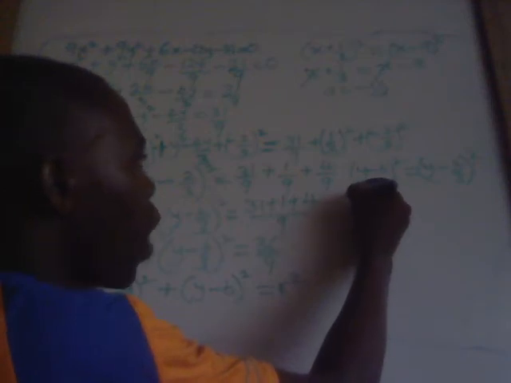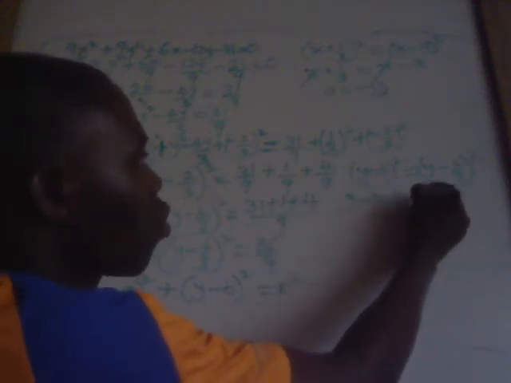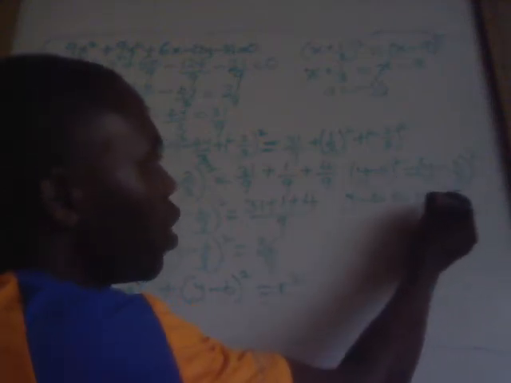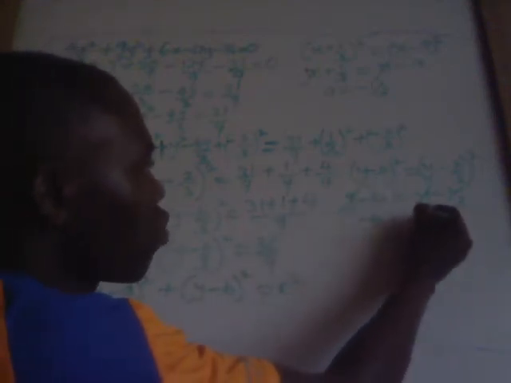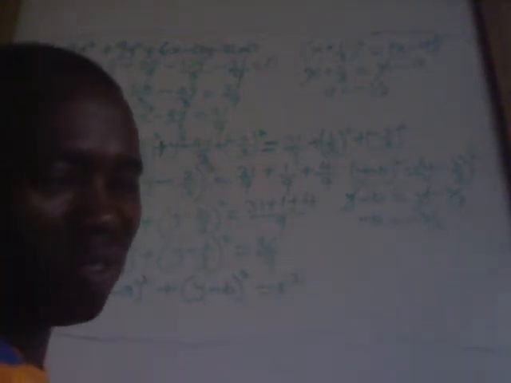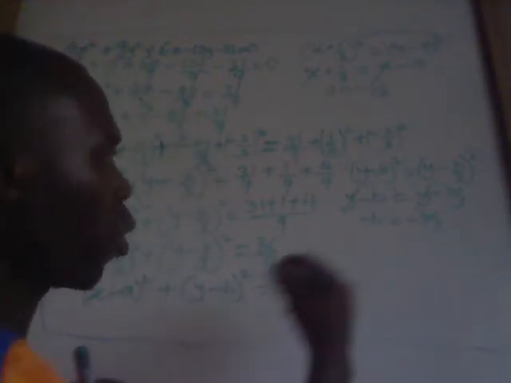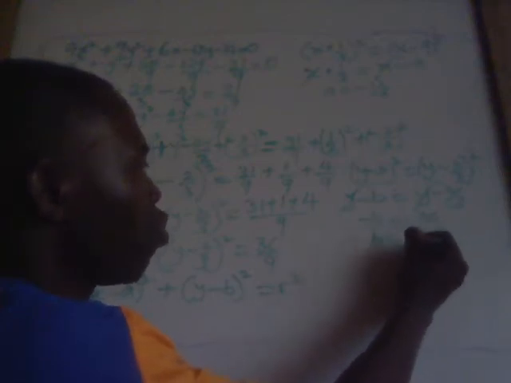So we have y minus b equals y minus 2 over 3. y cancels y on both sides, so we are left with minus b equals minus 2 over 3. Minus cancels minus on both sides, or you say divide or multiply both sides by minus 1, so everything becomes plus. So b equals 2 over 3.